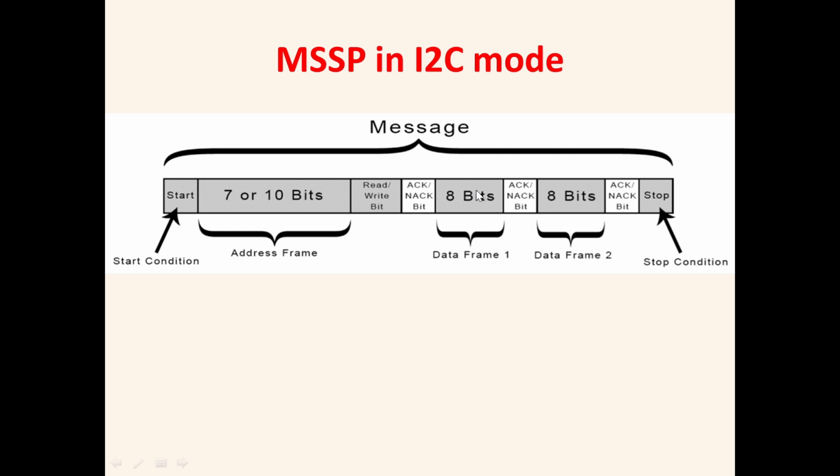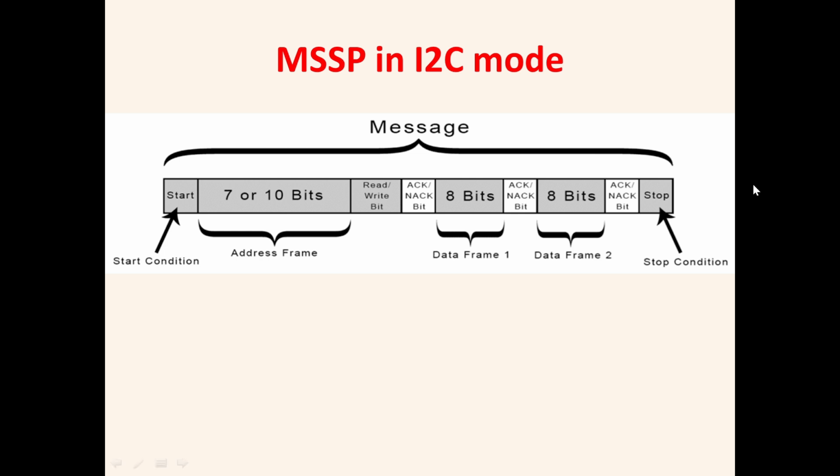Only then will the next data frame get initiated. So whatever the number of data frames, the size is 8 bits, and along with that there is a possibility to append the acknowledgement for that respective frame, be it from master to slave or slave to master transmission.